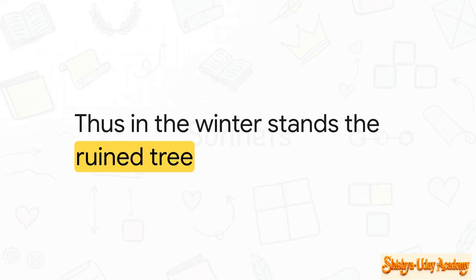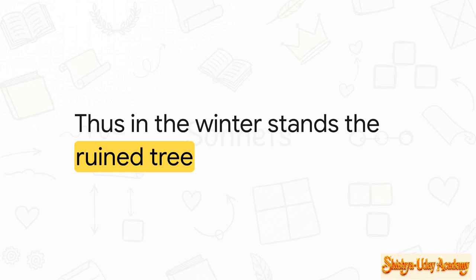And right here is a brilliant illustration of the turn in action. This is a single line from the modern poet Edna St. Vincent Millay. "Thus in the winter stands the ruined tree." Notice the word thus. In her sonnet, she spends the entire first 8 lines agonizing over the pain of fading memories and lost love. The poem is deeply rooted in very human grief.